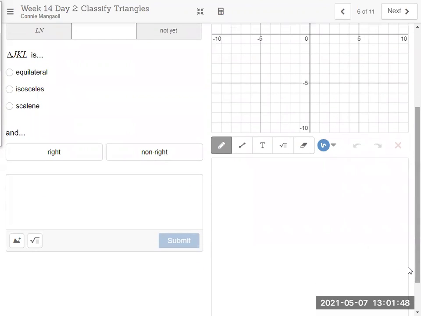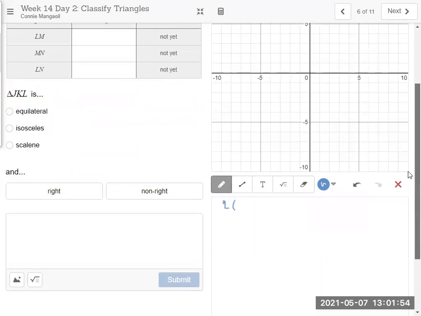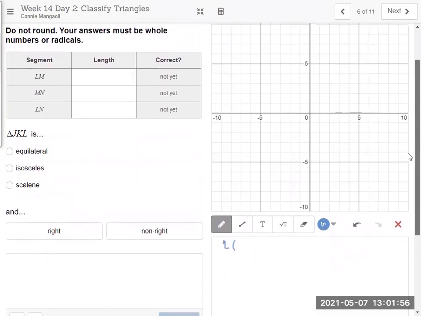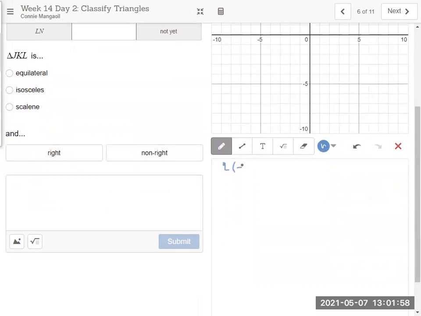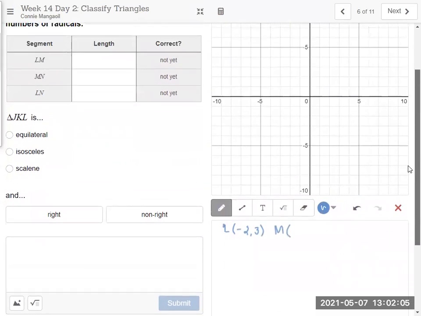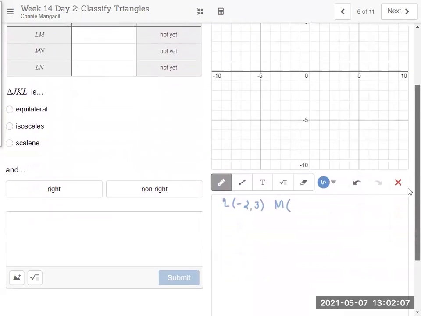Okay. So the coordinates of L are -2, 3. And the coordinates of M are 1, -4.